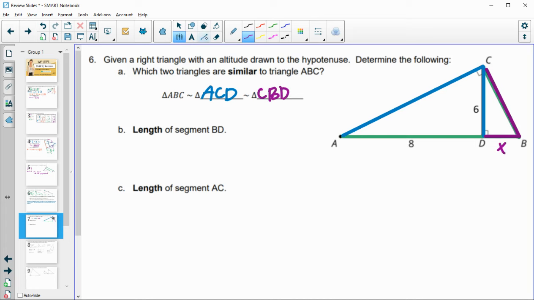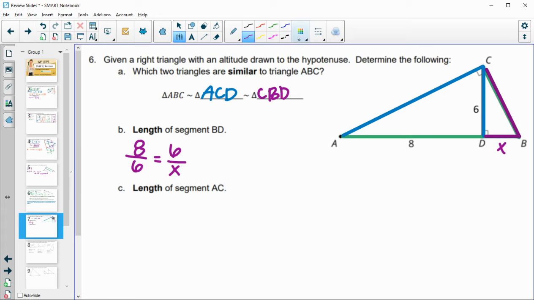So remember, we can set up a proportion that takes this green hypotenuse piece over the altitude equals the altitude over the other piece. So for this, we can go 8 over 6 equals 6 over x, and then cross multiply.